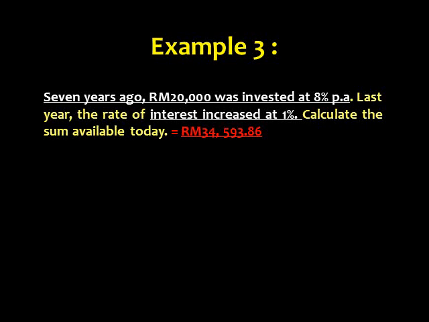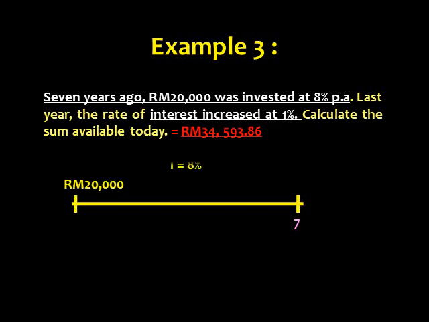So how to do this? First, as suggested, you need to do the timeline. Here, year 7, because now you have already invested your money for 7 years, as mentioned here, 7 years ago. Invest RM 20,000 at the interest of 8%.